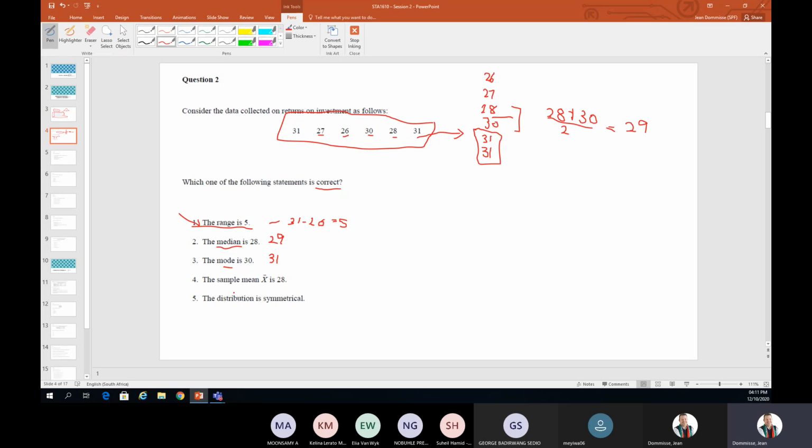The sample mean you would have gotten by the sum of the x's divided by n.